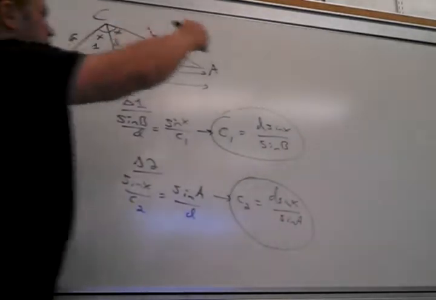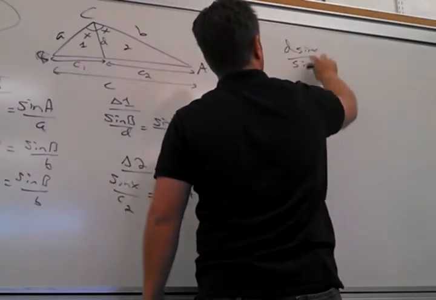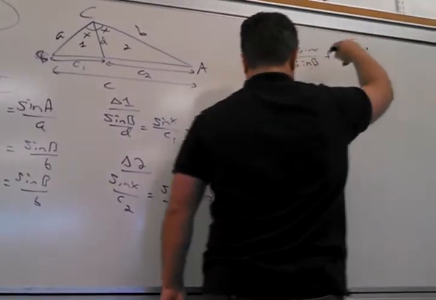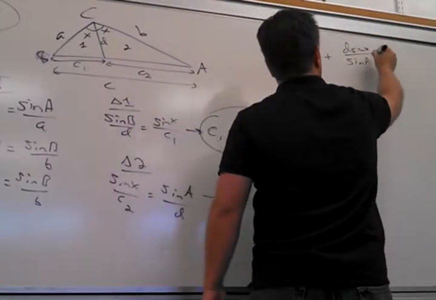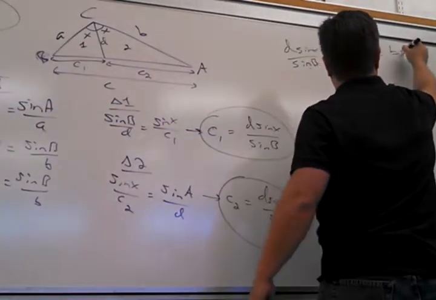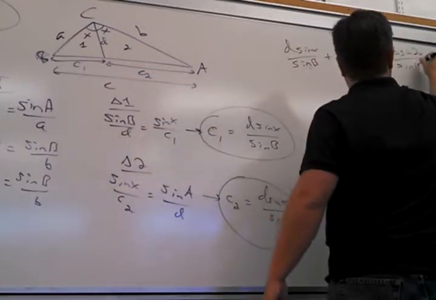So now I can write D sine x over sine B plus D sine x over sine A, that's C1 and C2, must equal B sine 2x over sine B.